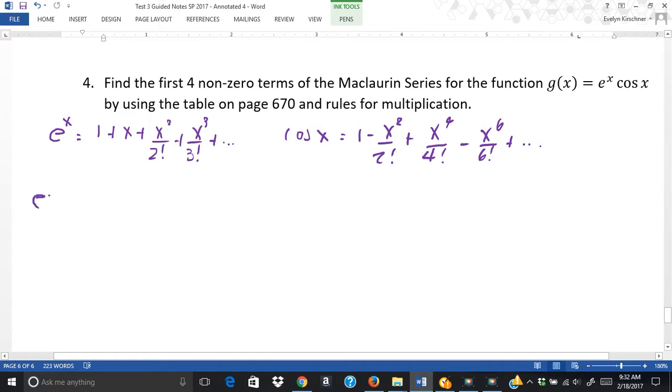So now I want to multiply them. I need to multiply my two series, and if I just look at the first couple of terms, I should be fine.